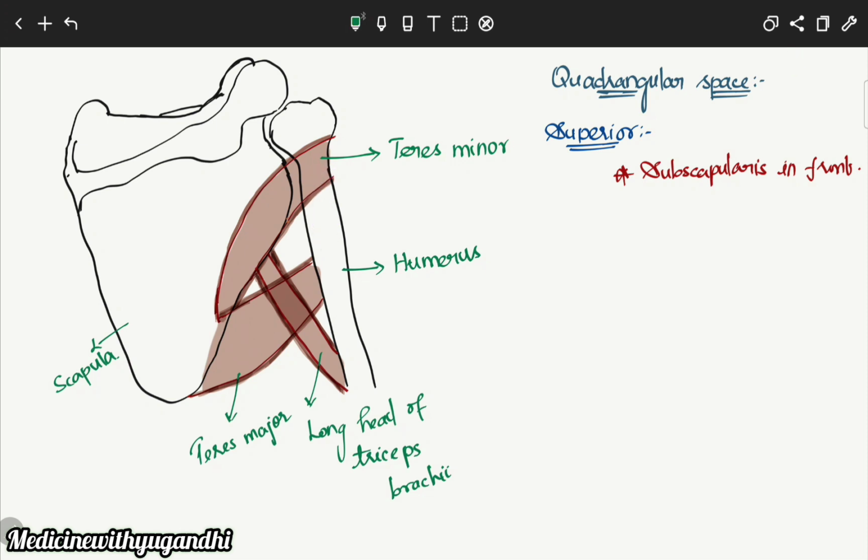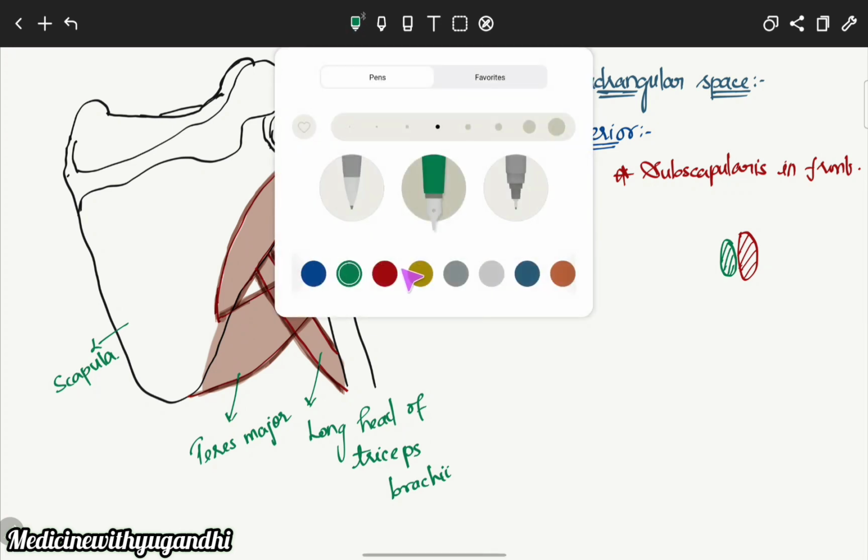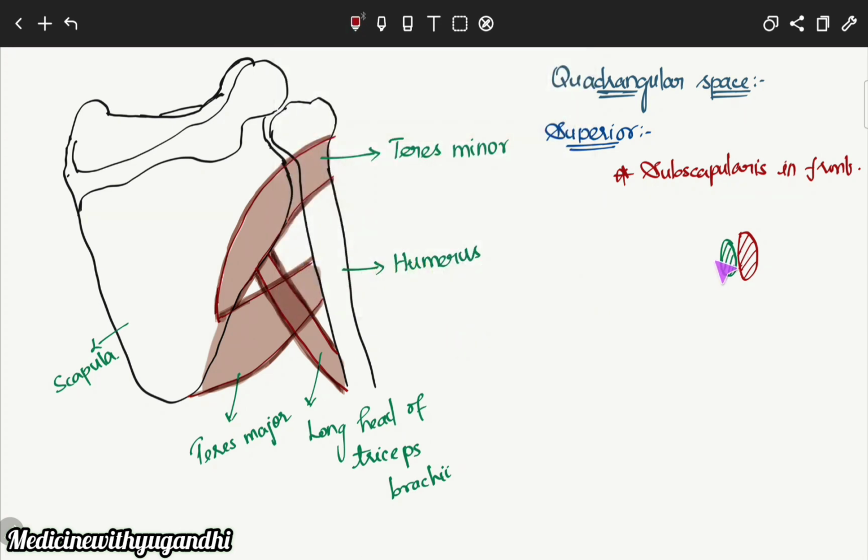So let me draw a simple line diagram representing the superior boundary of the quadrangular space from the lateral aspect. Right. Superiorly and in front, there will be subscapularis muscle. Then there will be the joint capsule surrounding the shoulder joint. And then it will be the lower border of the teres minor muscle.